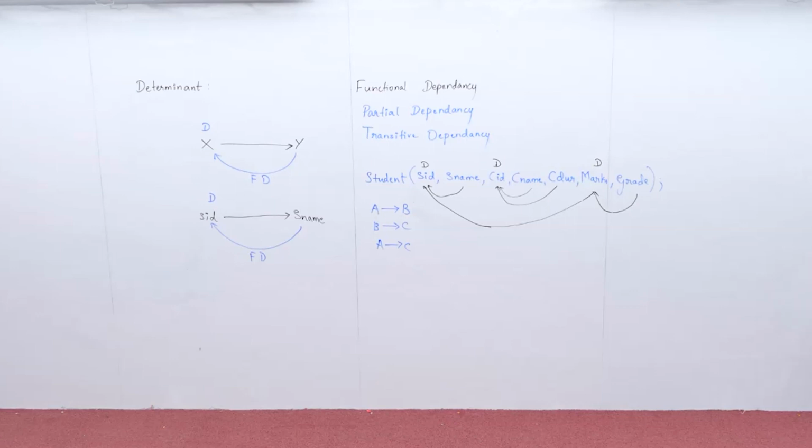If you want, you can also add one more point there. It is nothing but one attribute is dependent on another attribute, and it is further dependent on another attribute, and it is further dependent on another attribute.